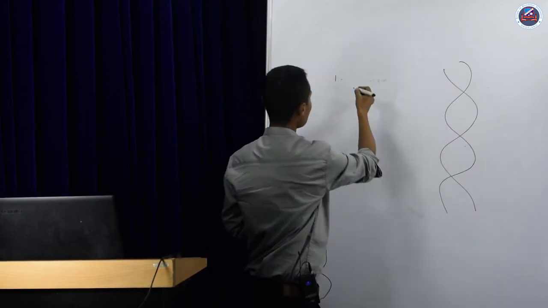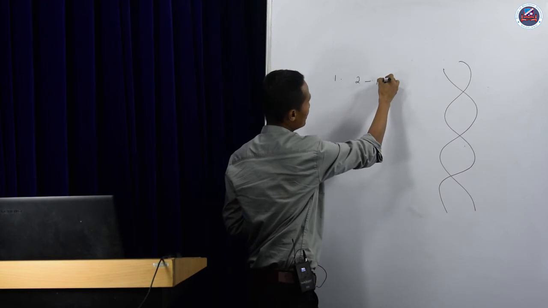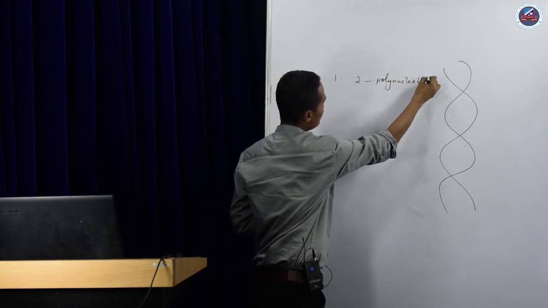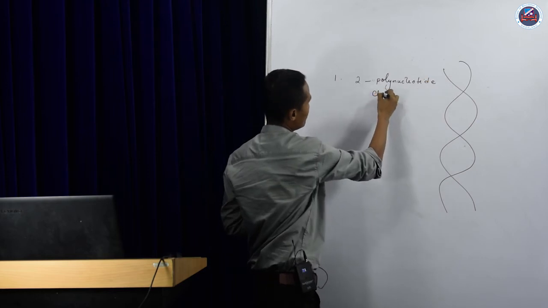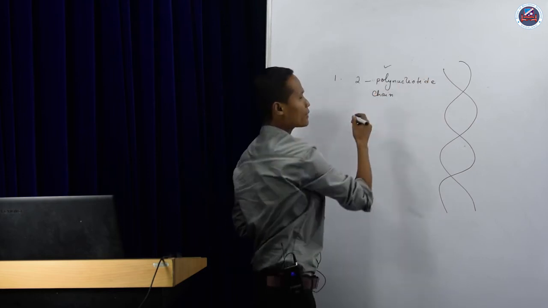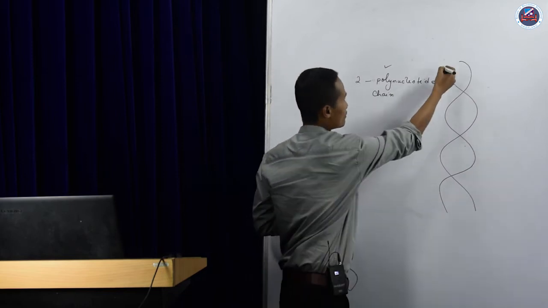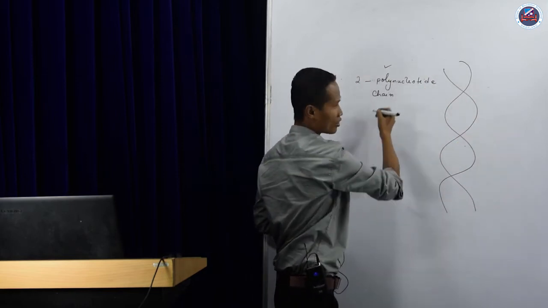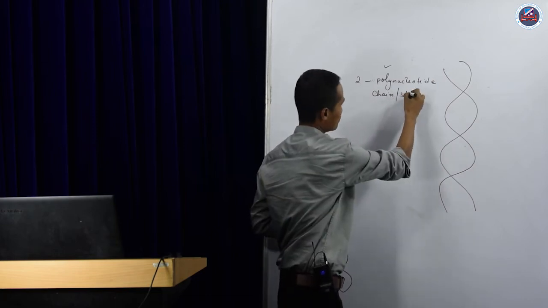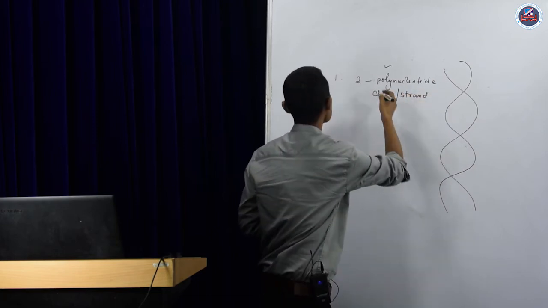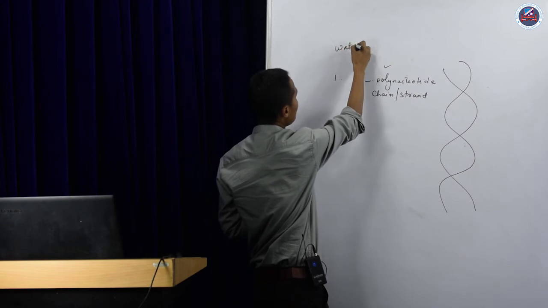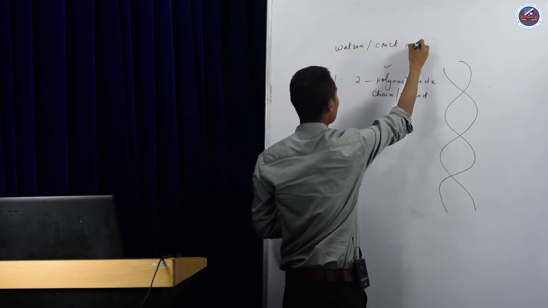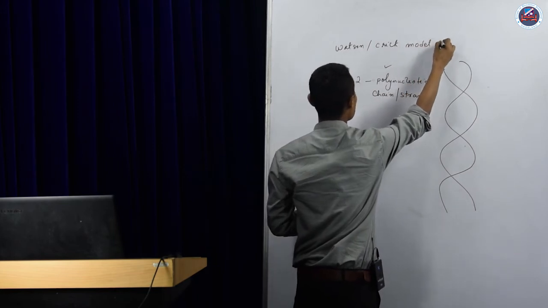It means there are 2 polynucleotide chains. Poly means many. So you can see that there are 2 polynucleotide chains or strands. This is the Watson and Crick model of DNA.